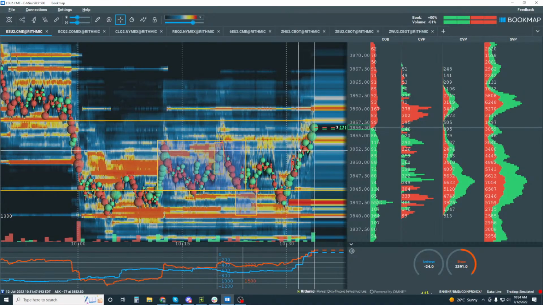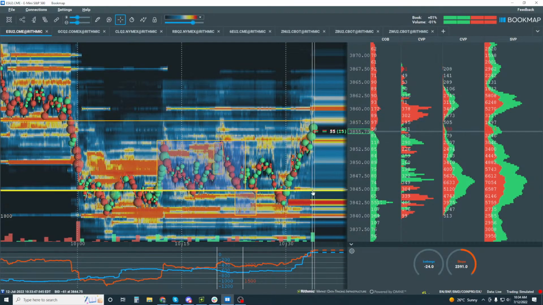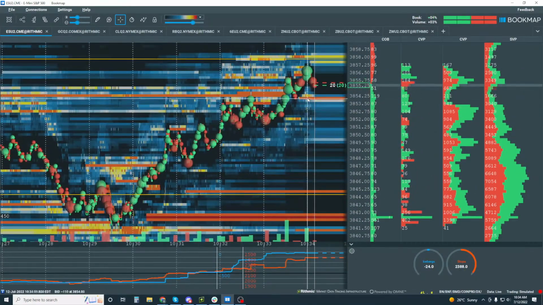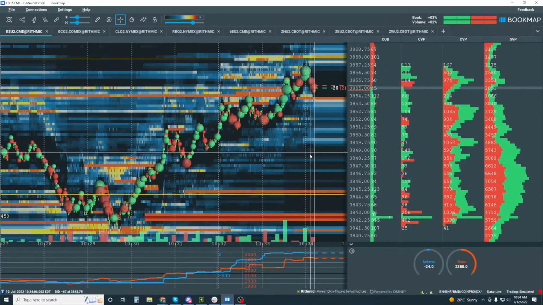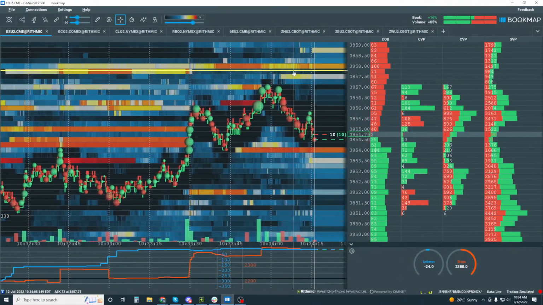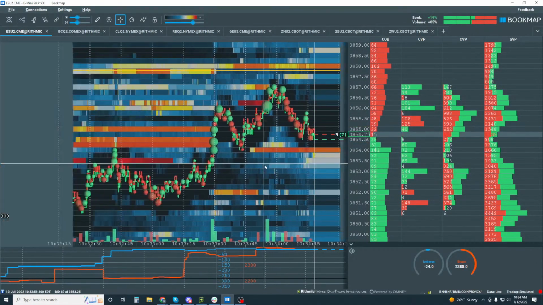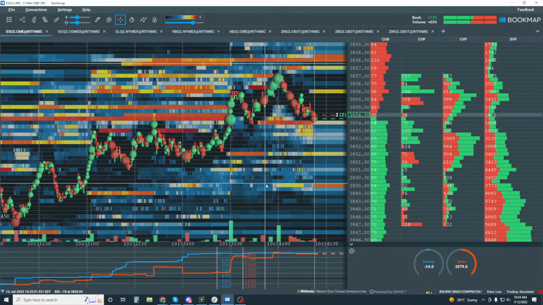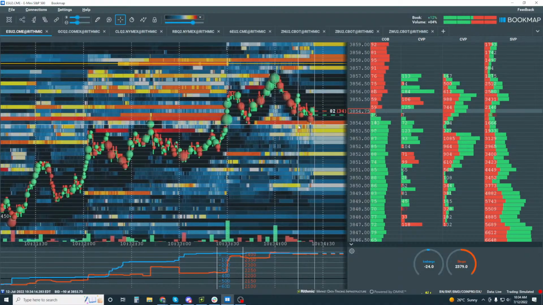Yeah, this is pretty strong, and see how the bid supports it. Okay, we got to 57, not to 58 though, but they're supporting it here, and it's starting to transact.